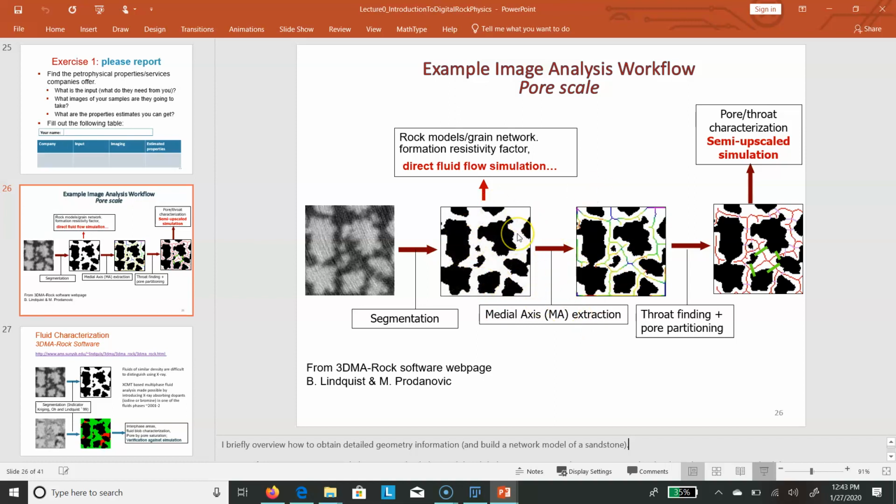And since you image an experiment, you can use those as validation of whatever simulation that you're trying to model, or the type of modeling. So basically you can verify whatever you use this image as an input for against what you see in experiments themselves. And then you ultimately, either way, want to predict macroscopic flow parameters.